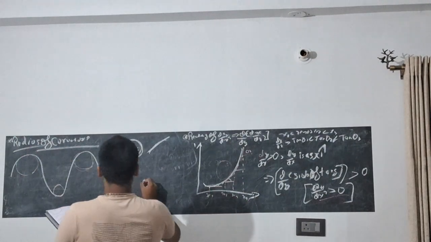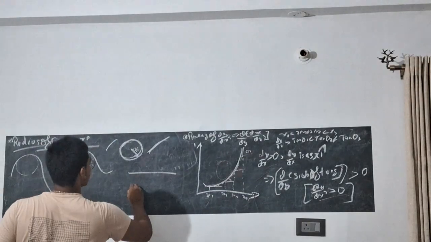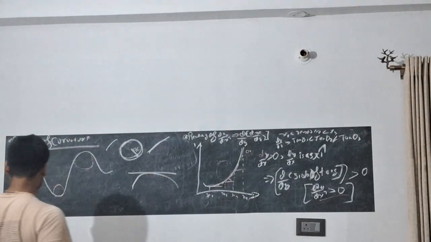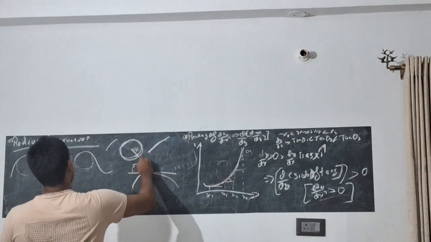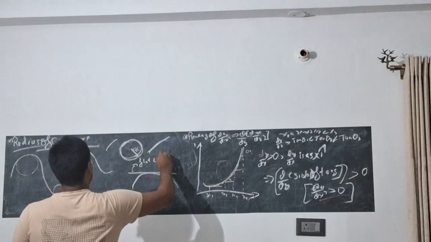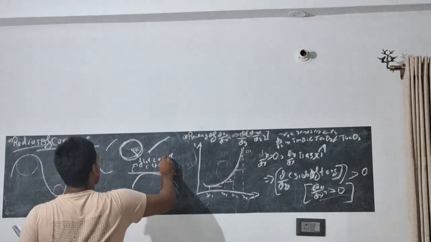So for a flat curve, we also take a radius of curvature, which will turn out to be like this, which is a straight line. This is a flat curve, straight line.